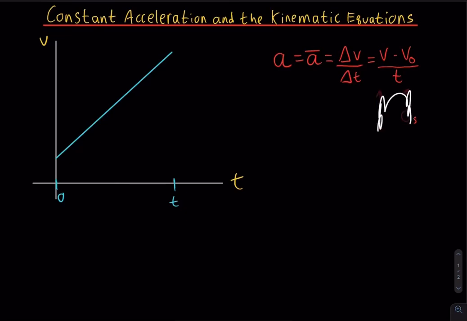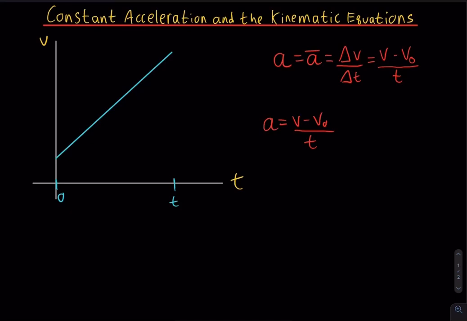Okay, so now what can we do with this? Well, let's equate the right-hand side and the left-hand side. We have a string of equals here, so let's equate this piece and this piece. That gives us instantaneous acceleration equals v minus v naught, our final velocity minus our initial velocity, divided by t. Now let's solve this for our final velocity, and this will give us our first kinematic equation.